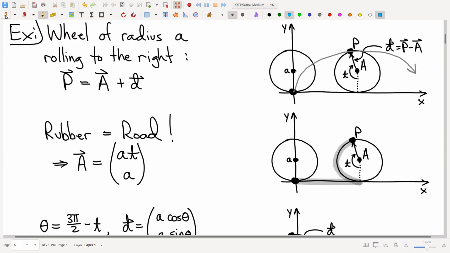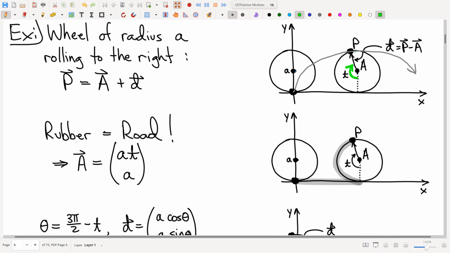I want t to be represented by, I'm making a color choice here, I want t to be represented by this angle. Might seem like an odd choice to call t this angle.